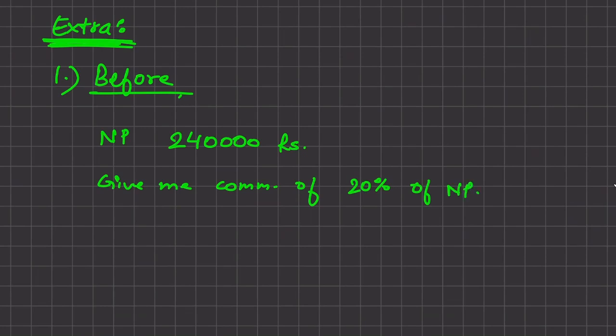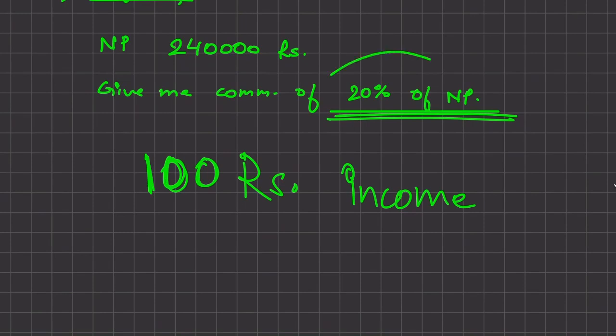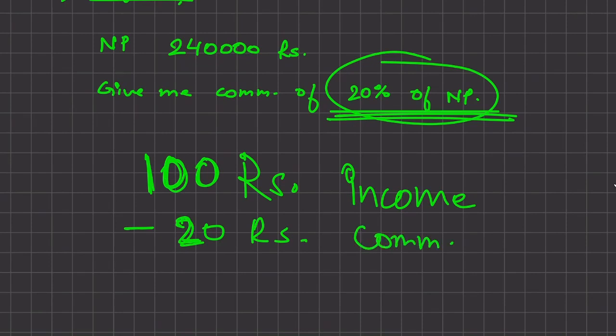So if they say, give me a commission of 20% of the net profit, that means, let's say you have 100 rupees of income. So what this person is asking, out of this 100 rupees, give me 20 rupees of commission because it is 20%.